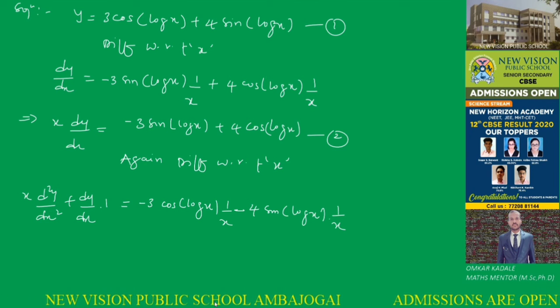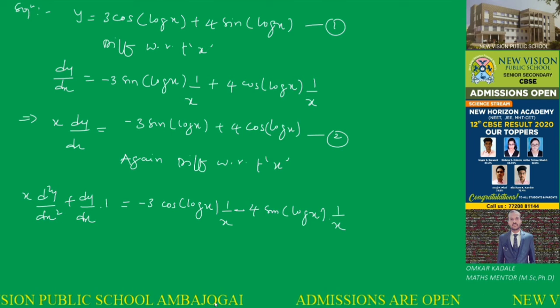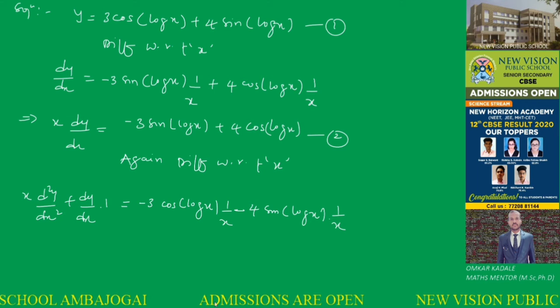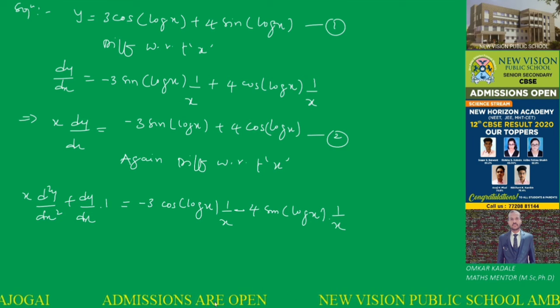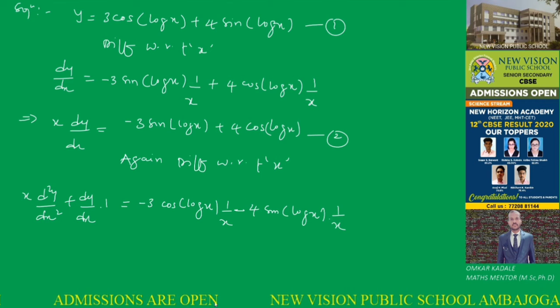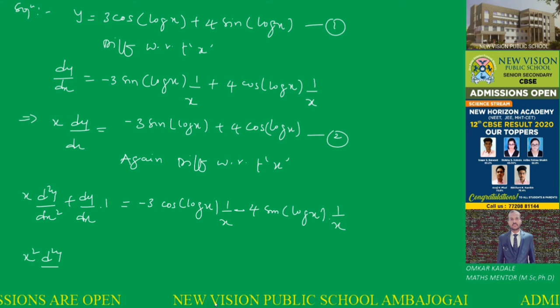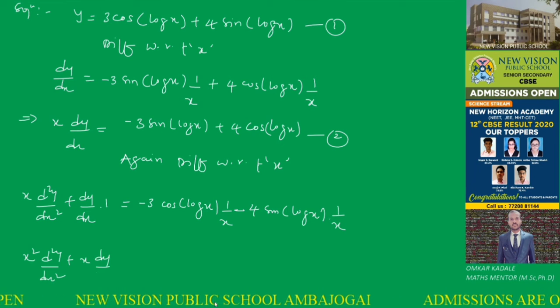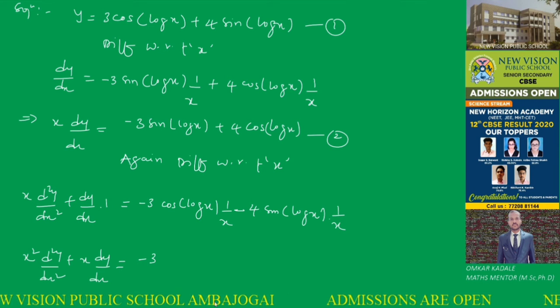Now again take x to the LHS. What it becomes is x square d2y upon dx square plus x dy by dx, which equals minus 3 cos log x minus 4 sin log x.